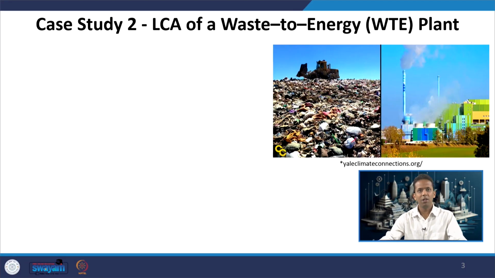This case study is on a waste to energy plant. Here you can see pictures of municipal solid waste lying in a dump yard or a landfill. It is highly unhygienic and contains a lot of biodegradable organic matter, which keeps on releasing methane and other greenhouse gases. So, it is not good for the environment.